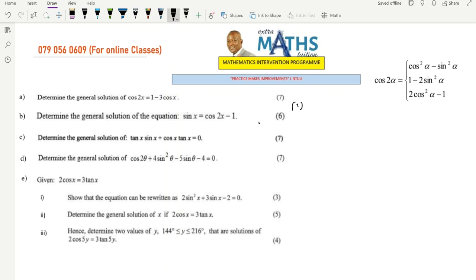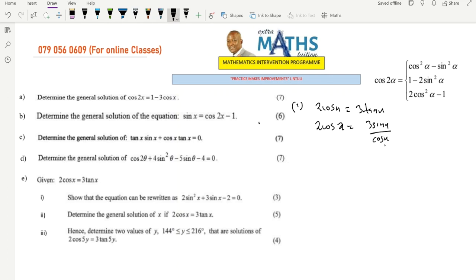Guys, I hope we understand that our tan x can be written in the form of sine over cos. We can change tan x to be sine over cos. It means 2 cos x equals 3 sine x over cos x.